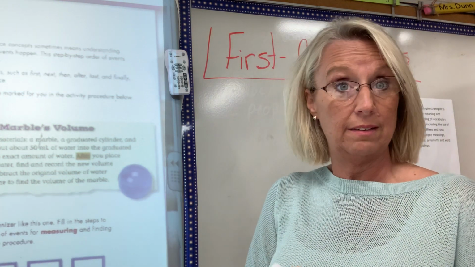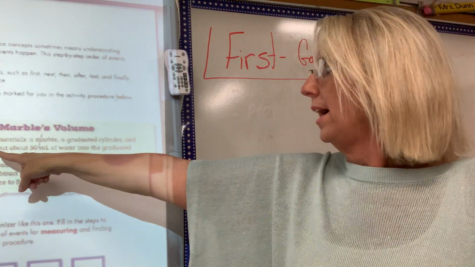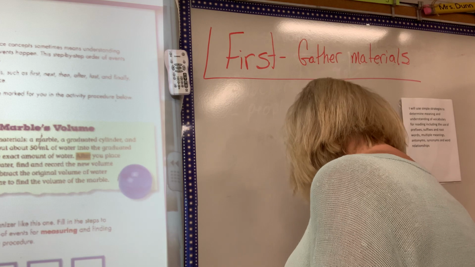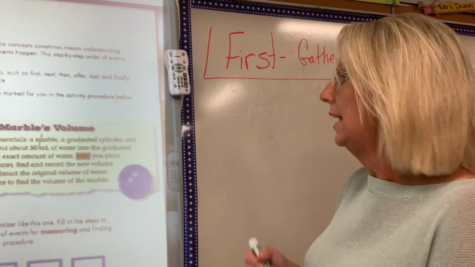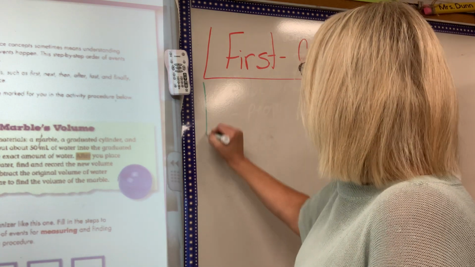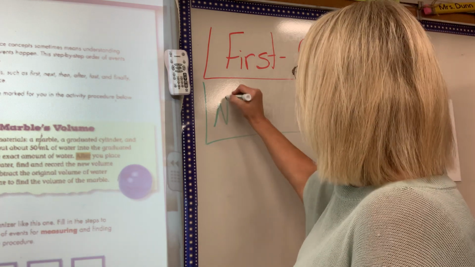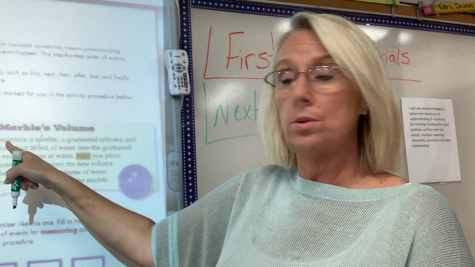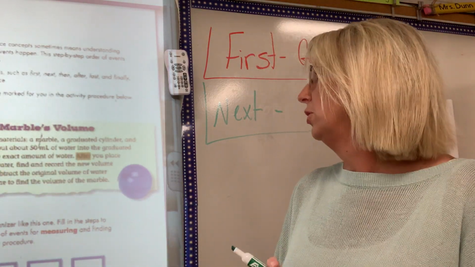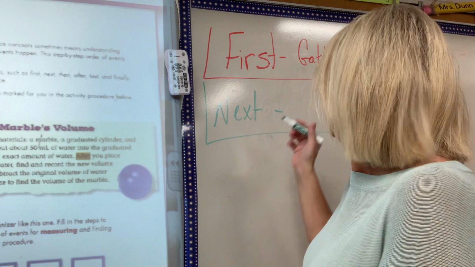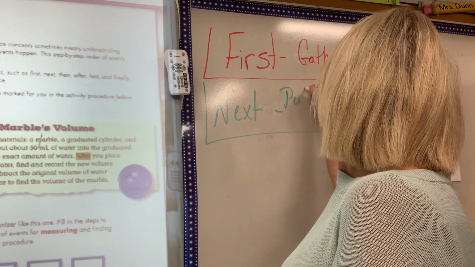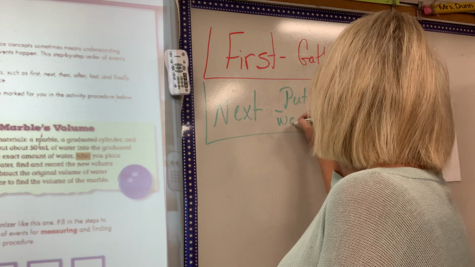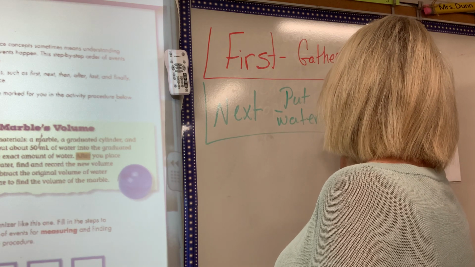Okay, that's the first thing. Then I have another highlighted word. That word is next. It says the next thing that I need to do is put about 50 milliliters of water into a cylinder. So I'm going to say put 50 milliliters water cylinder.